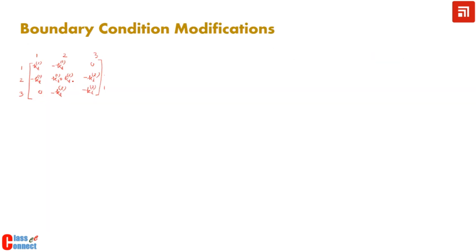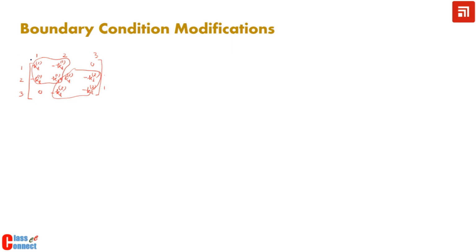This is the system stiffness matrix that we obtained in our last slide, for two elements, and we can see that these terms are related to element number 1 and these terms are related to element number 2.